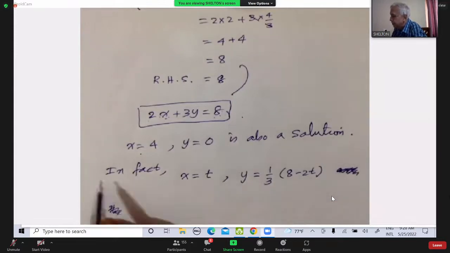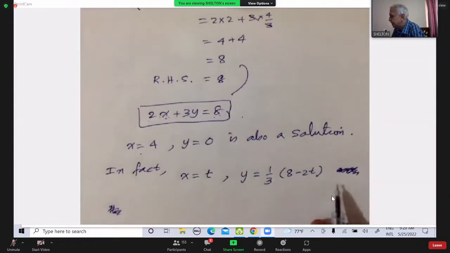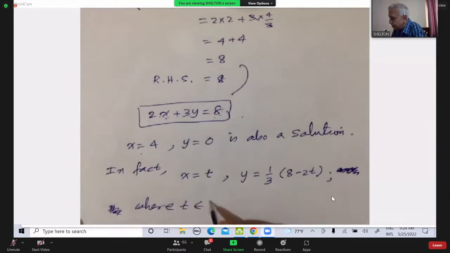In fact, x equals t, y equals this, where t belongs to R, any real number.